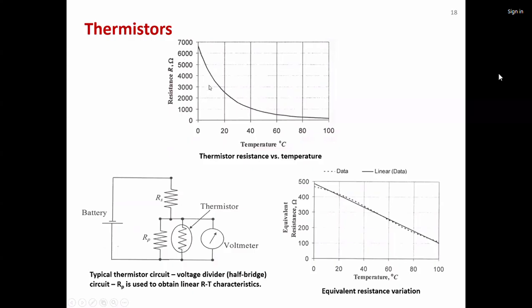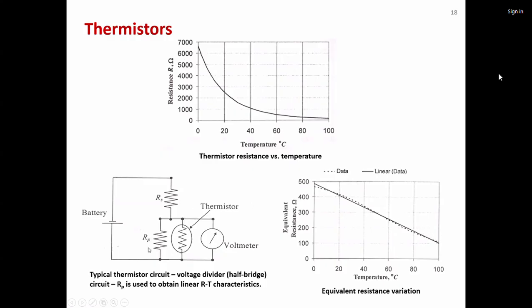So you can see here, this would be the typical response of the thermistor. But the resistor will have a response of something like this, right? The resistance would increase with temperature. So you should pick a resistor such that the net effect of a decaying response and an increasing response would give you a linear response, something like this.